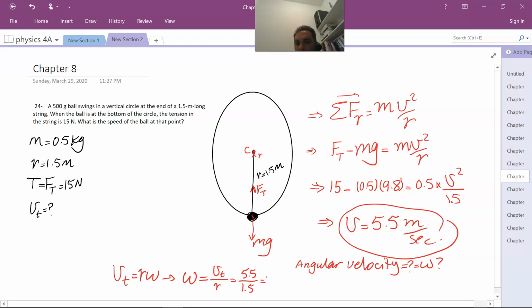Is that 1.5? Yes. 5.5 divided by 1.5. Answer: 3.7, let's say, radians per second. Correct? Any questions so far?